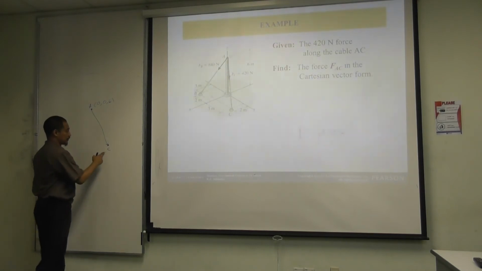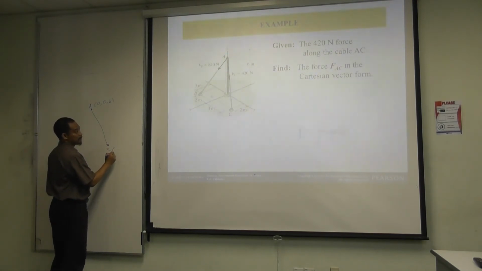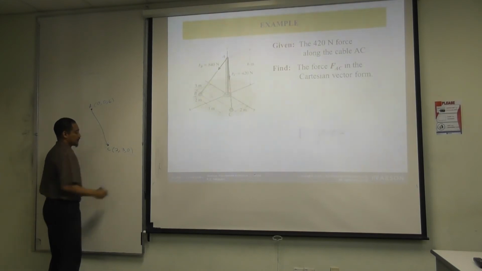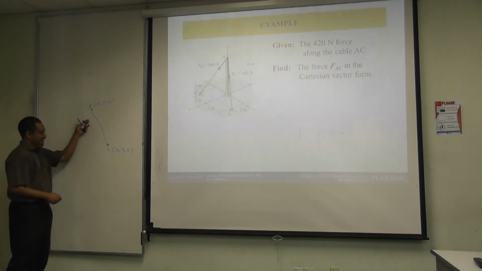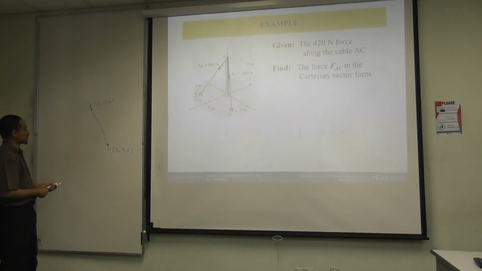Coordinate of C? X coordinate is 2, Y is 3, Z is 0, right? Make sure you get the coordinate correct. Otherwise, your calculation will all be wrong and such a sad story.